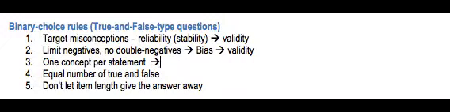One concept per statement. The problem here is that when you have more than one concept per statement in a true and false, and it only matters for true and false, does not matter for anything else. And if you write down that this is a problem with another format, I will have to deduct a point, because it's not. It's only with true and false. The problem is, say that you have part A of a sentence and part B of a sentence.